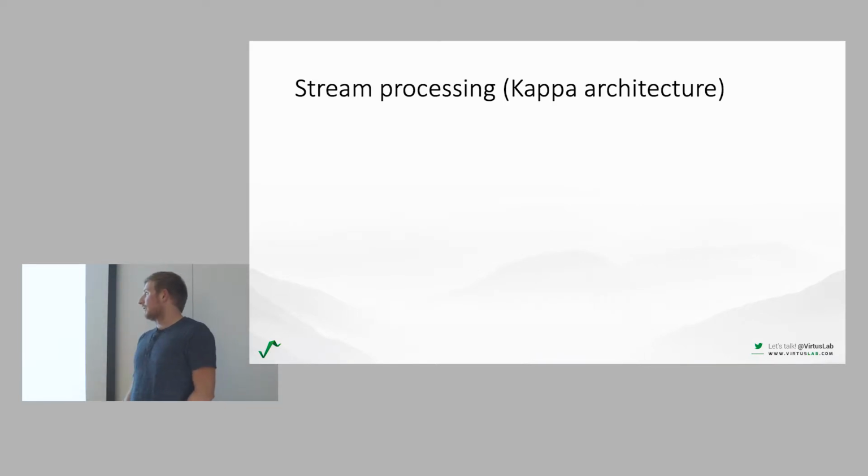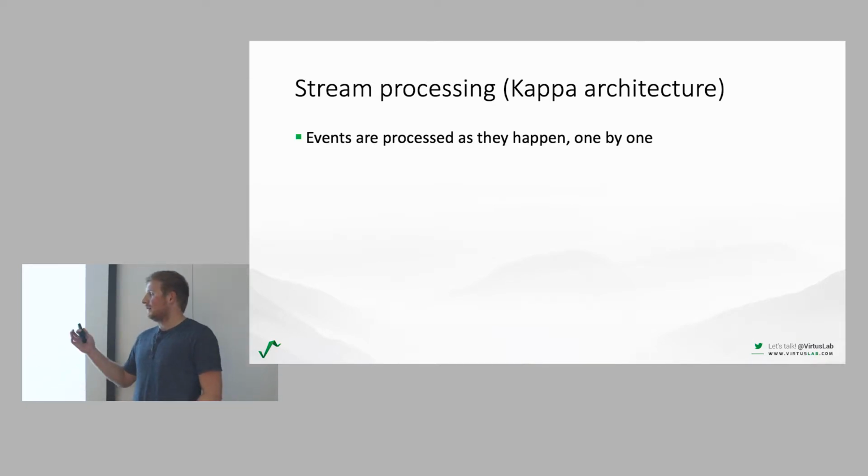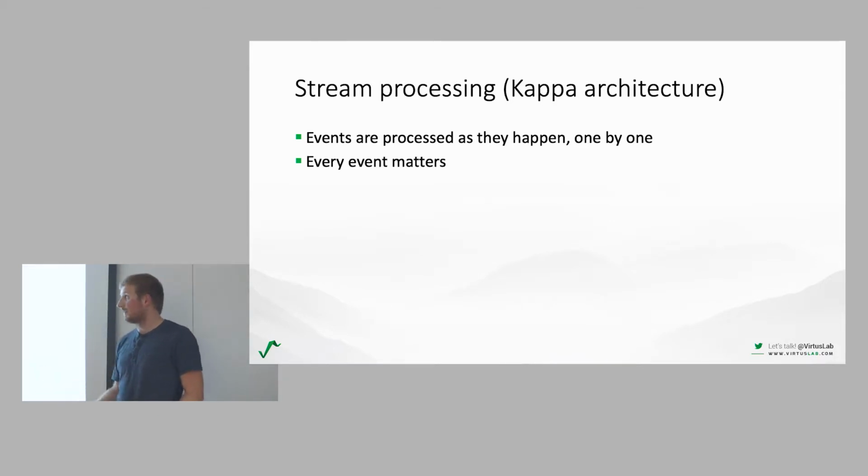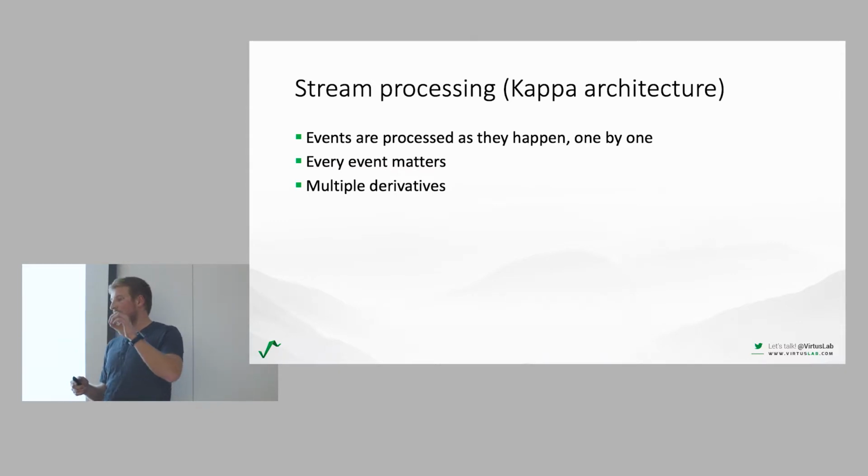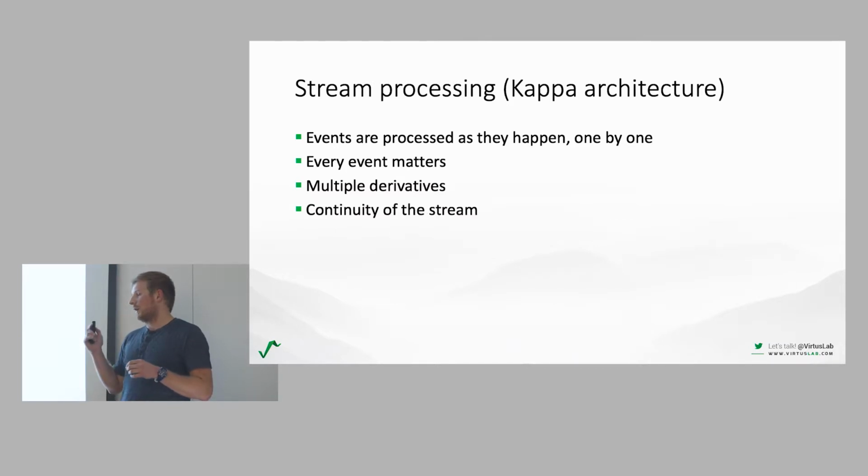Stream processing, which is also called Kappa architecture, has other characteristics: events are processed as they happen, one by one, in a way that every event matters. Every event triggers different calculations. You can have multiple derivatives out of even a single event, which we'll demonstrate in a second, and you have this nice continuity of the stream.